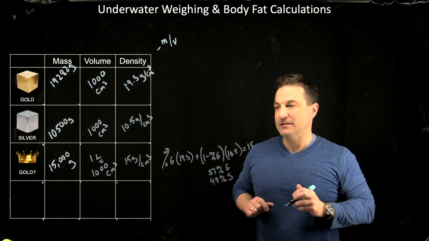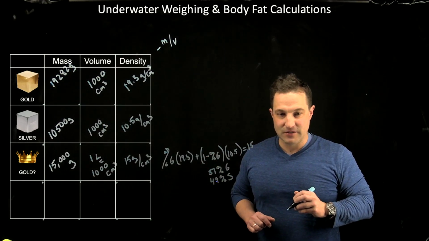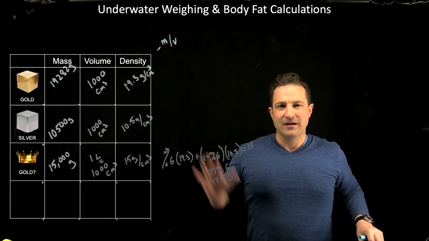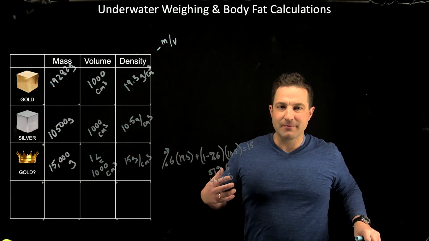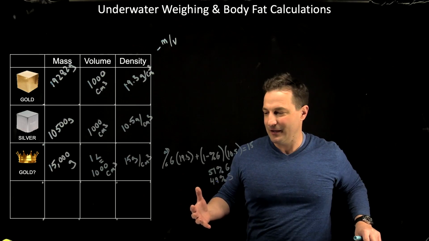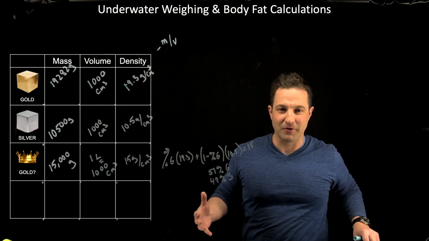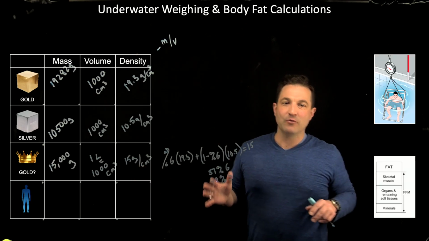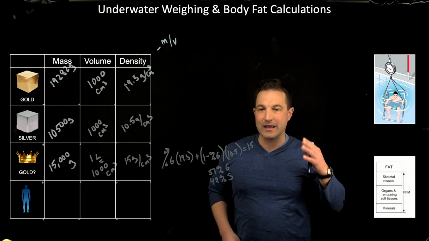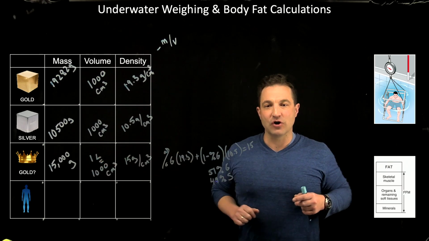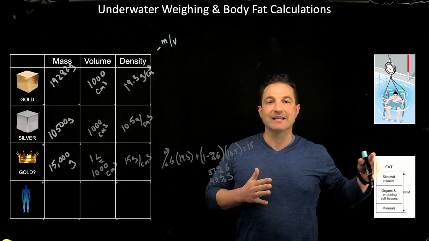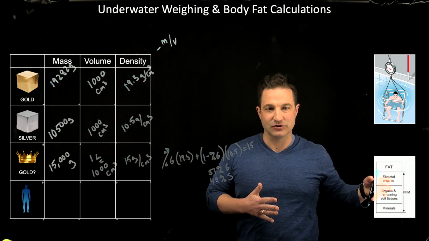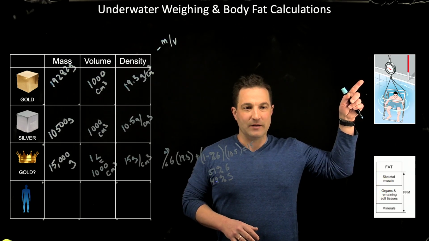And that is going to come into play in a few minutes, because the next step would be, all right, when I bring people into my lab, when I'm measuring people as part of a fitness program, we're not talking about crowns here, we're talking about people. So how would we use our underwater weighing, how we submerged our crown before, to be able to then calculate body fat percentage? Well, it starts right up here with this picture.